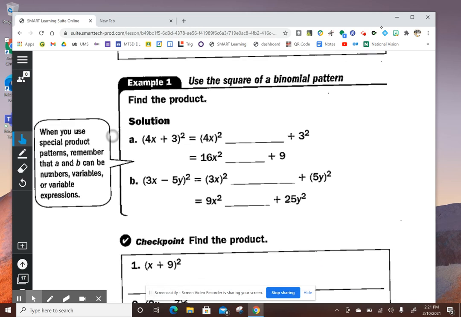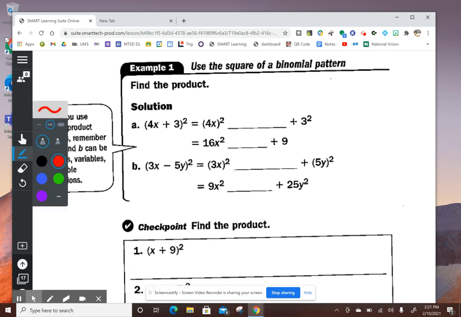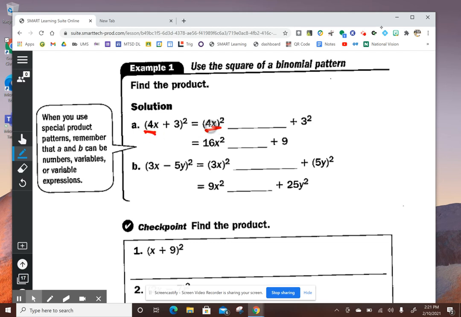Now let's try this using the special product. So I square the first, 4x quantity squared is 16x squared. Square the last, 3 squared is 9. To get the middle term, I do 3 times 4x, which is 12x, and double it. It's 24x.